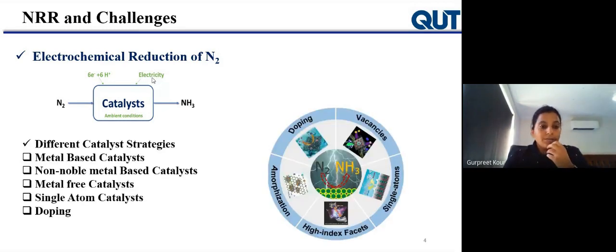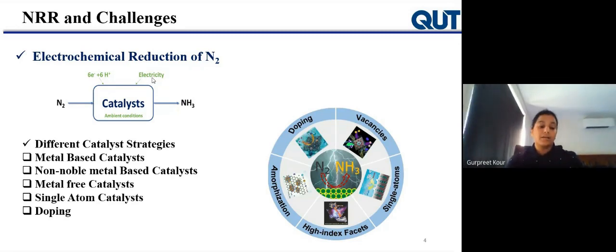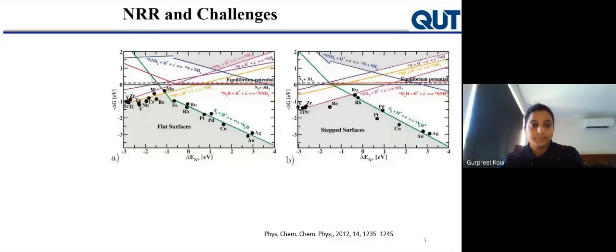A lot of research is being done to increase the efficiency of these electrocatalysts. A number of catalysts are there, like metal-based catalysts, non-noble metal-based catalysts, metal-free catalysts, and single-atom catalysts. Sometimes doping is done to increase the efficiency of these catalysts.